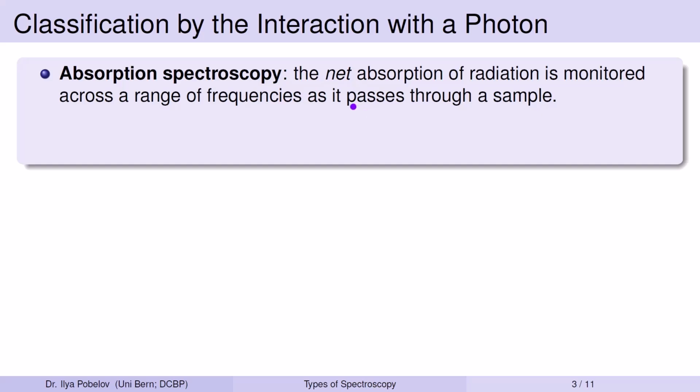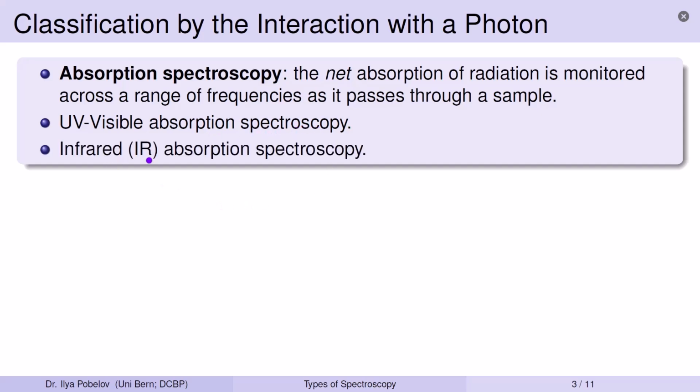It's essential to understand that while radiation can be absorbed, it can also stimulate the emission of radiation. Hence, what we detect is the net absorption. Some common types of absorption spectroscopy include UV visible absorption spectroscopy and infrared (IR) absorption spectroscopy.